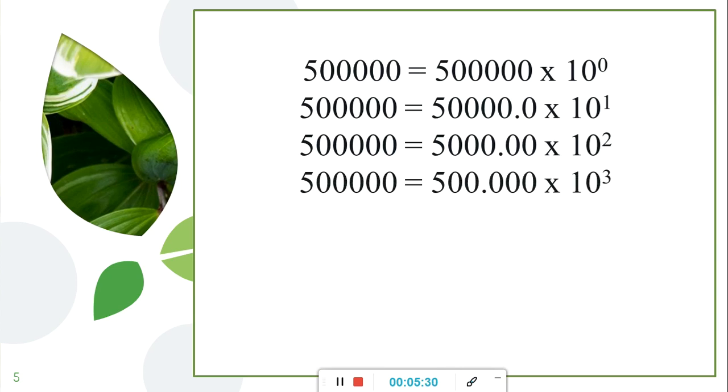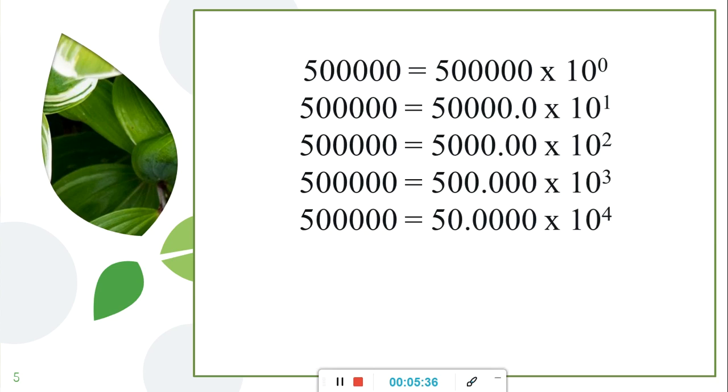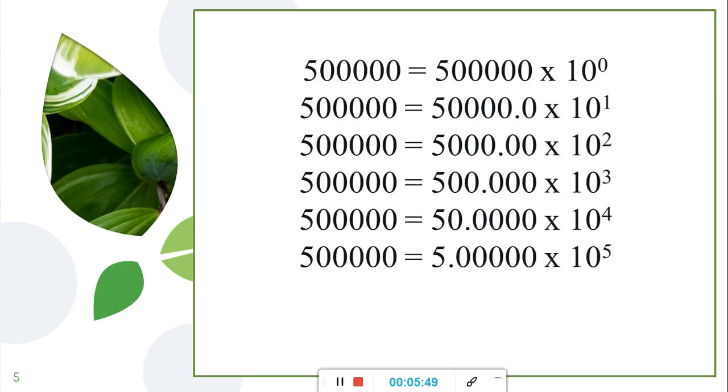Similarly, if I move the decimal point by 2 digits, the power will become minus 2. If I move the decimal point by 3 digits, then the value will be equal to 0.05 multiplied by 10 raised to power minus 3. If I move the decimal point by 4 digits, then the power will become minus 4.